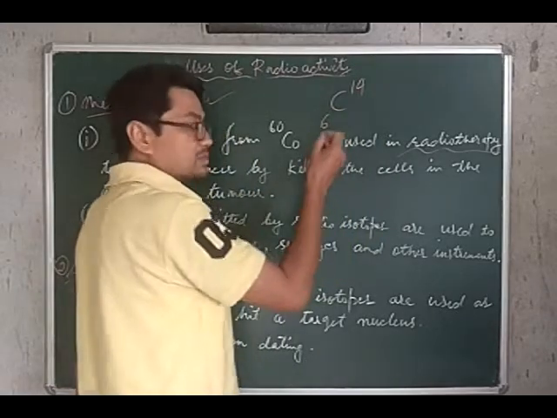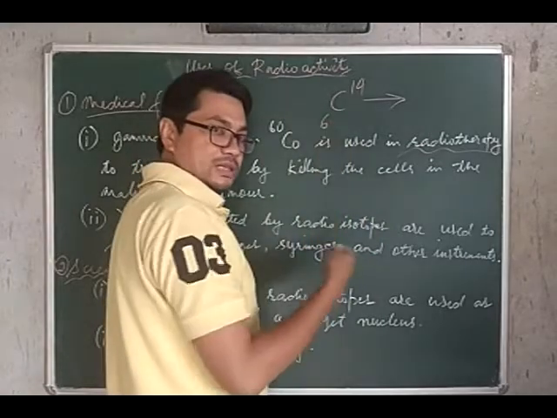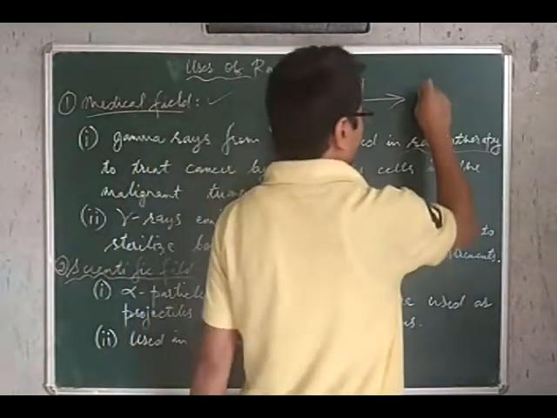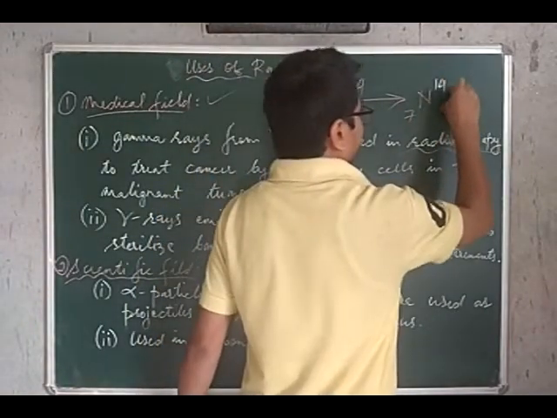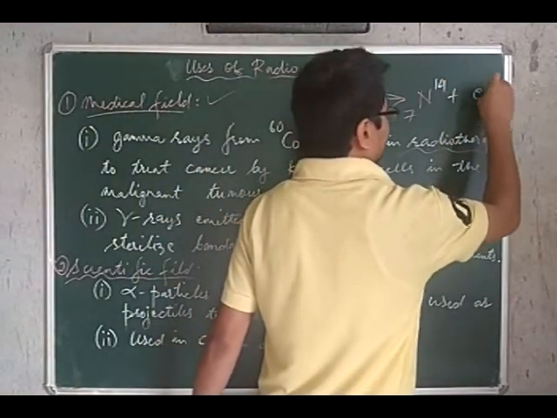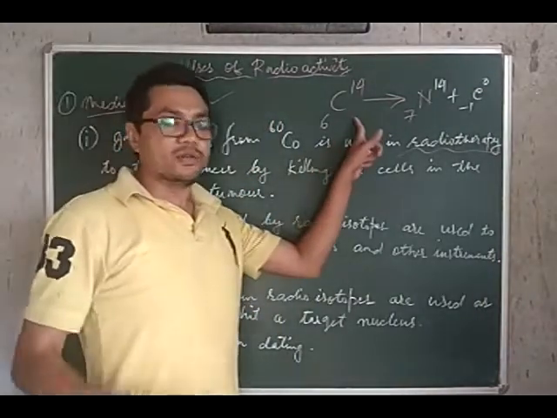Rate of decay of carbon 14 means by the emission of beta particles, of course. When carbon 14 emits beta particles, as we've already seen, it turns into nitrogen plus a beta particle. So they study the rate of decay.